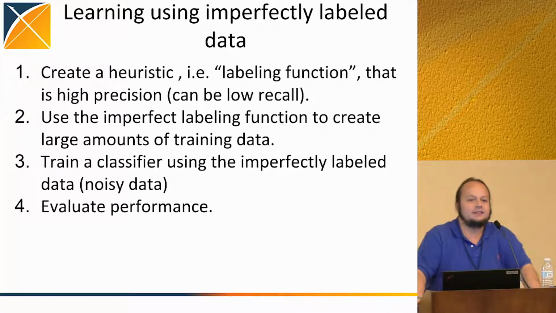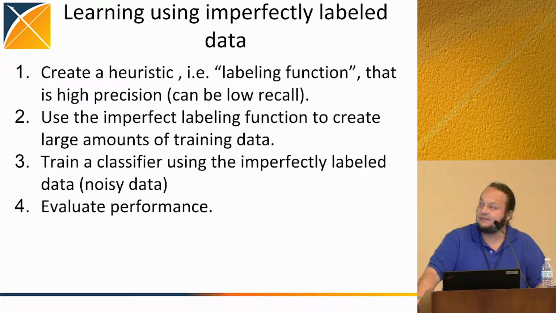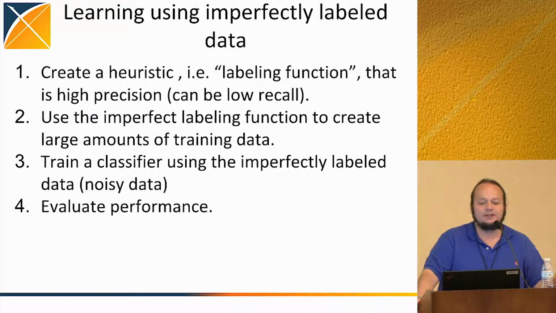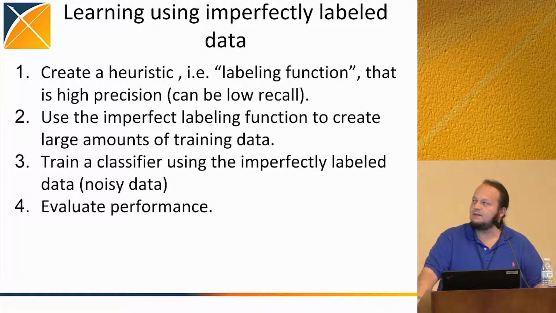So basically, it's built on top of the idea of learning using imperfectly labeled data. This imperfectly labeled data comes when you have a heuristic, like a labeling function, that has high precision. It doesn't matter if it has low recall, and this heuristic function can be anything from, okay, if I want people with myocardial infarction, then I'll just find people with the ICD-9 for myocardial infarction or ICD-10.